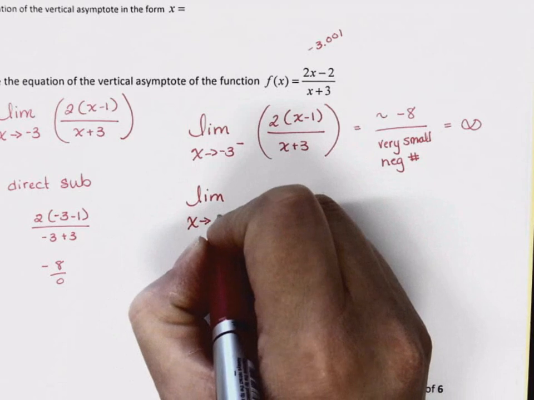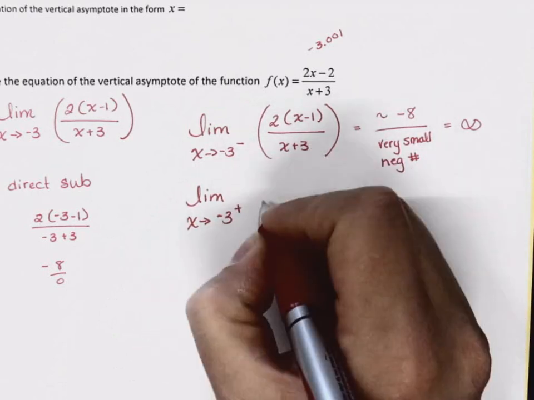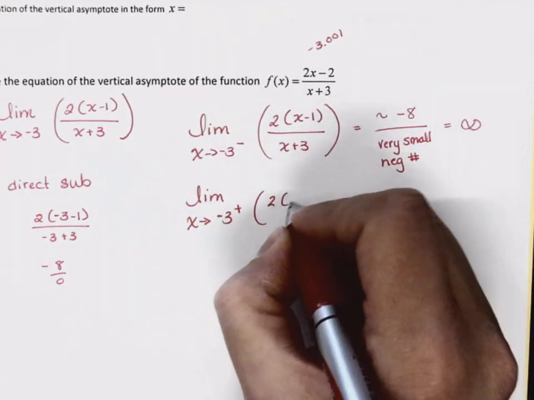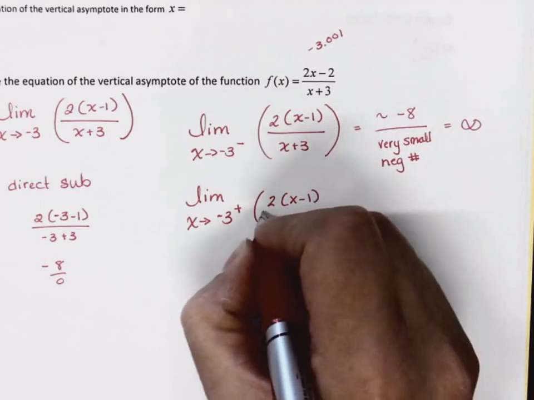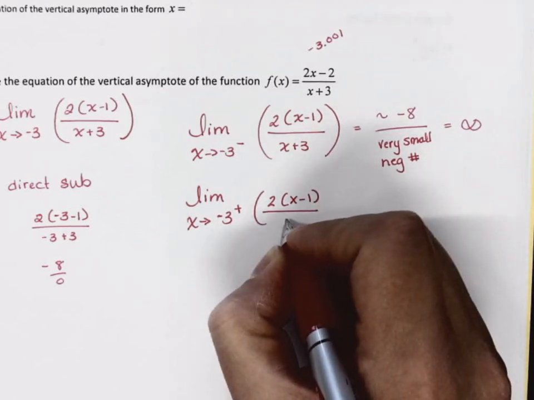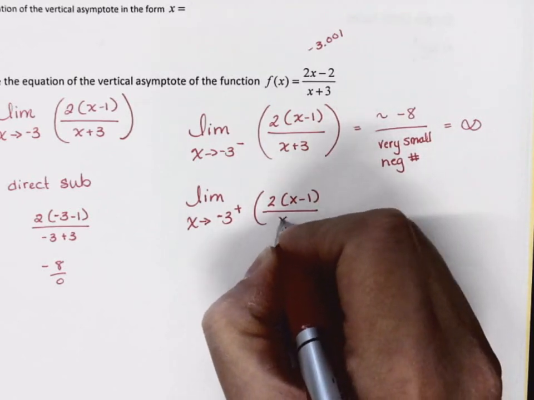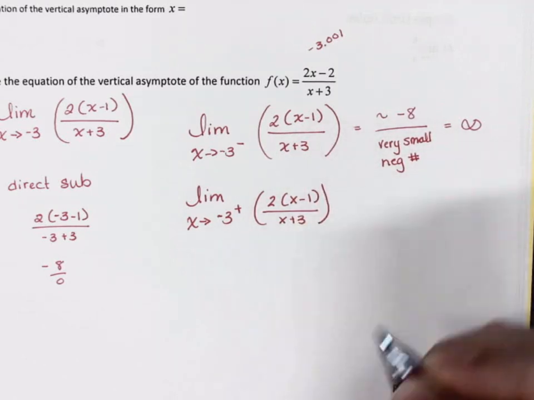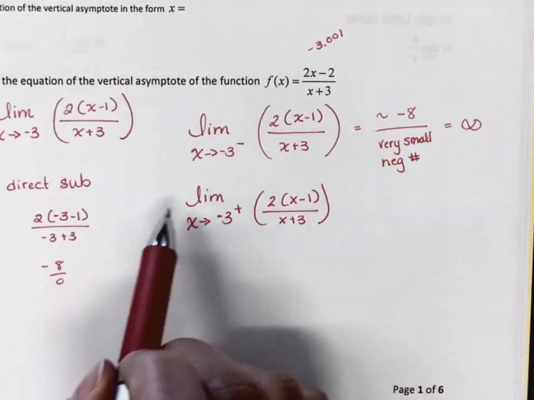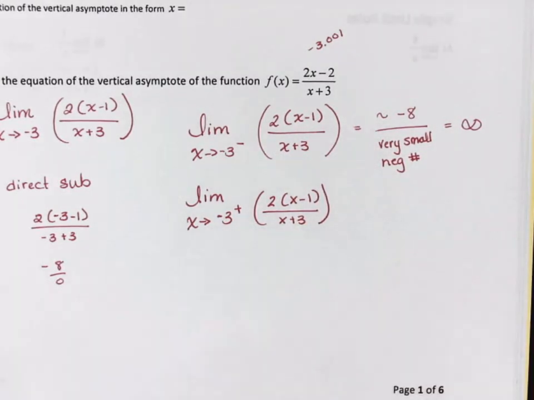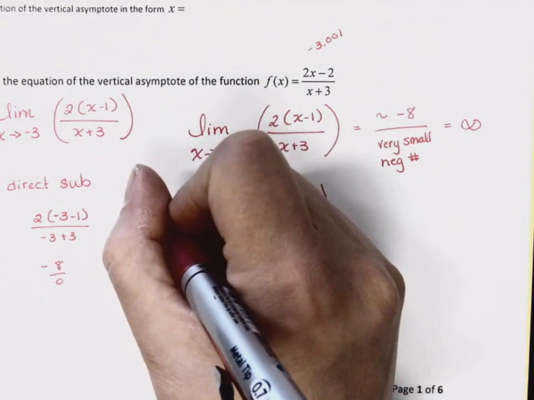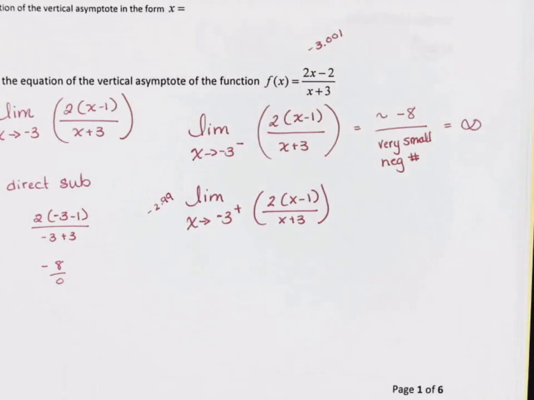And then we're going to go to -3 from the right-hand side. So what kind of number would be to the right of -3? Maybe -2.99.